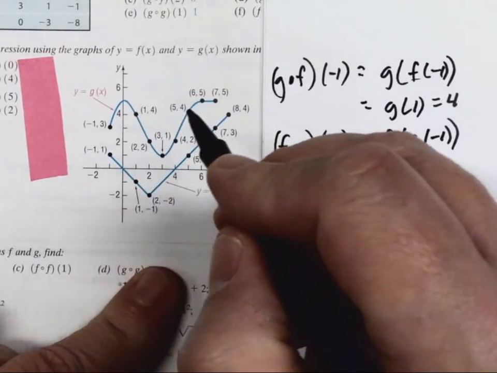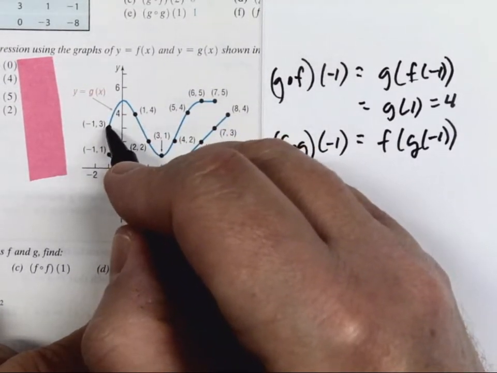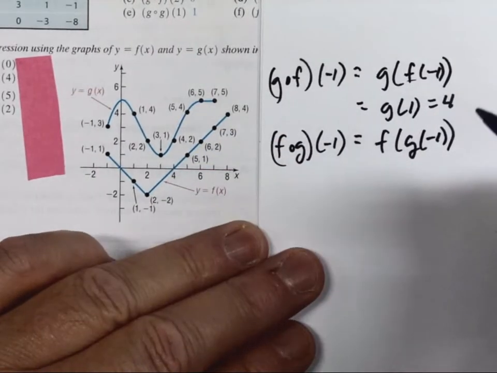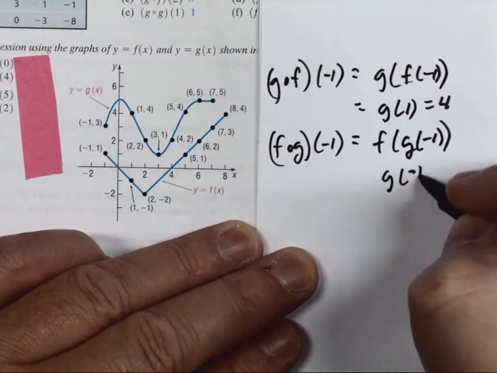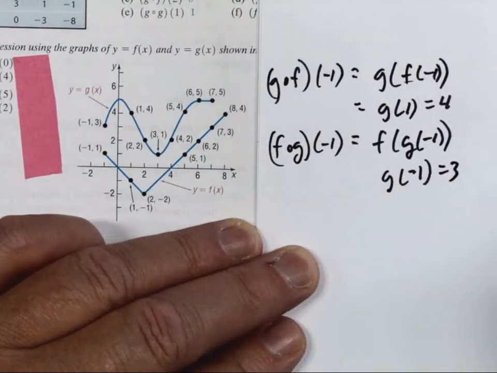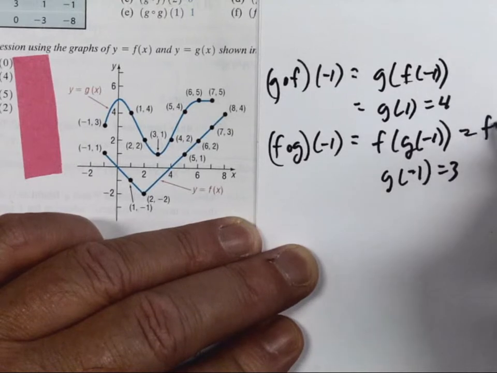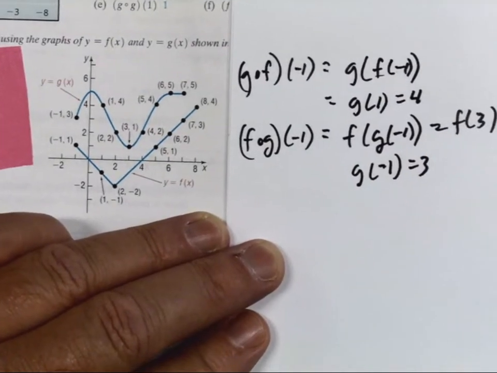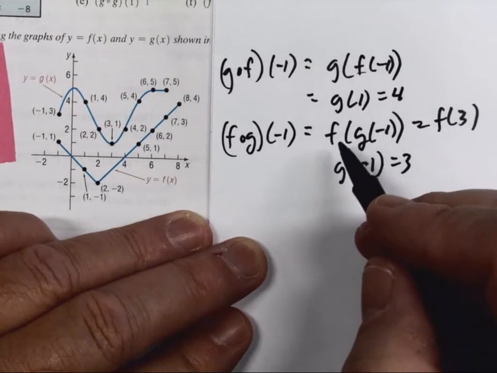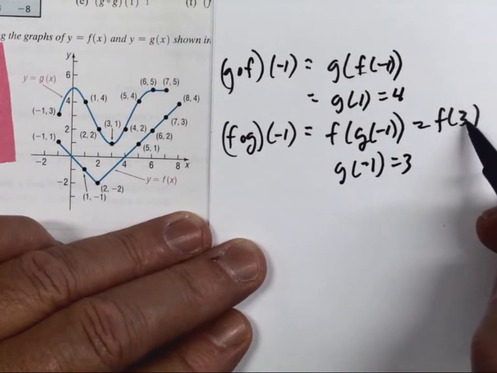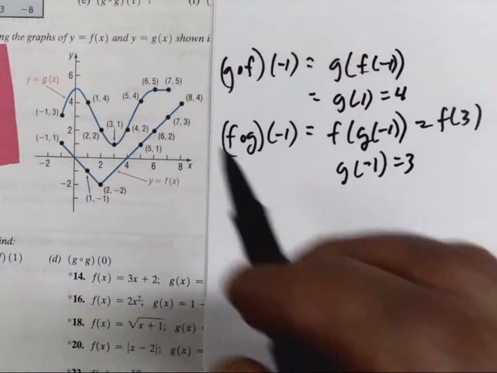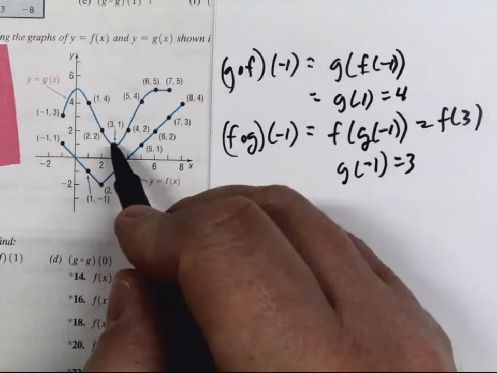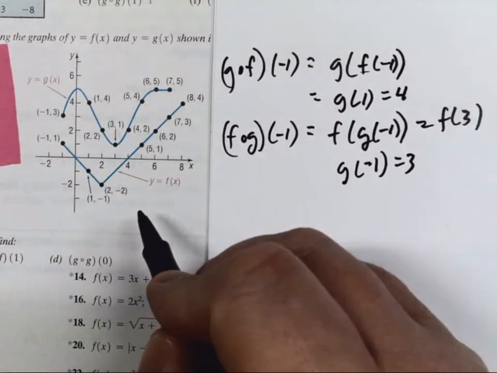I'm looking at my g function, which is up here. Looks like the g function is 3. So now this becomes f of 3. So I go to my graph, I go to x equals 3 and find the value of the f function. So x equals 3 is right here. The f function is this one down below.